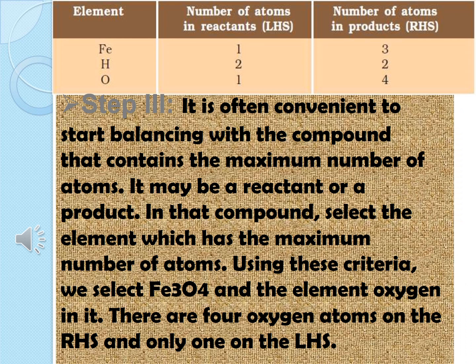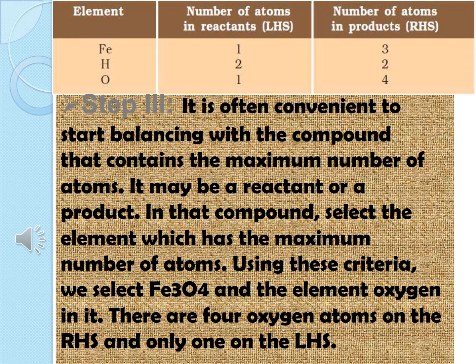Step 3 is to balance the compound which contains the maximum number of atoms. It is often convenient to start balancing with the compound that contains the maximum number of atoms. Using this criterion, here we select Fe3O4 and the element oxygen in it.